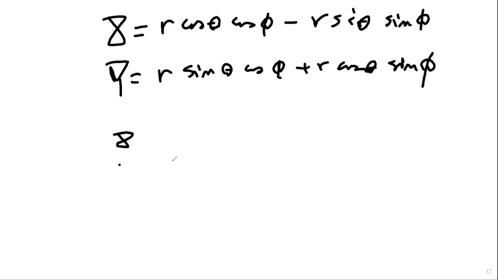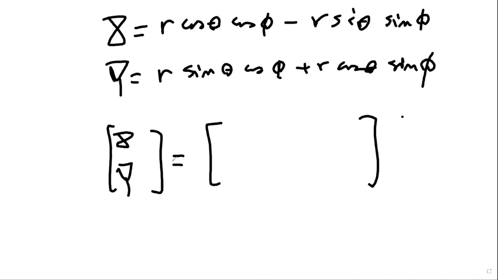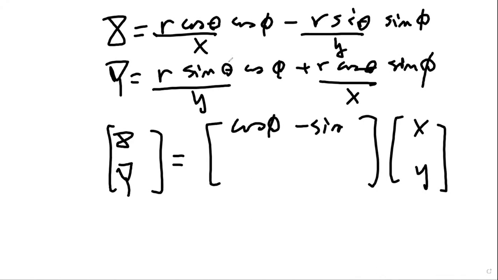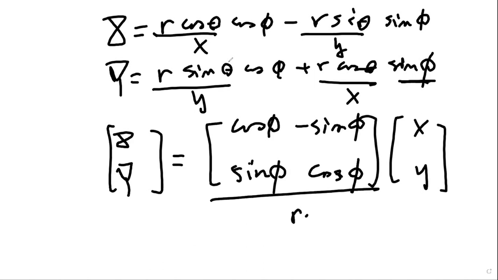So your X and Y as a vector equals the matrix with cosine phi, minus sine phi in the first row, and sine phi, cosine phi in the second row, times the original x and y. This we call the rotational matrix.